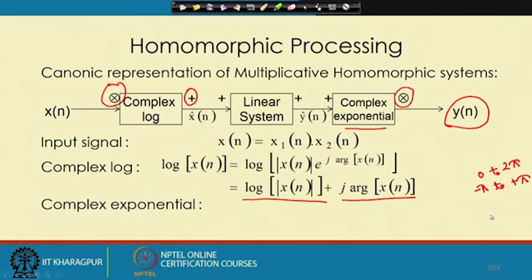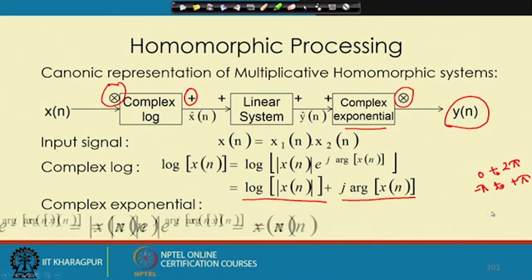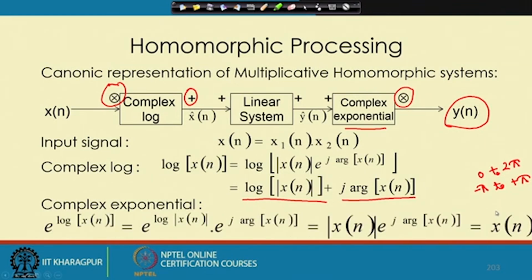So, next we go for the complex exponential. In the case of the complex exponential, we take the exponential of the complex log of x n.